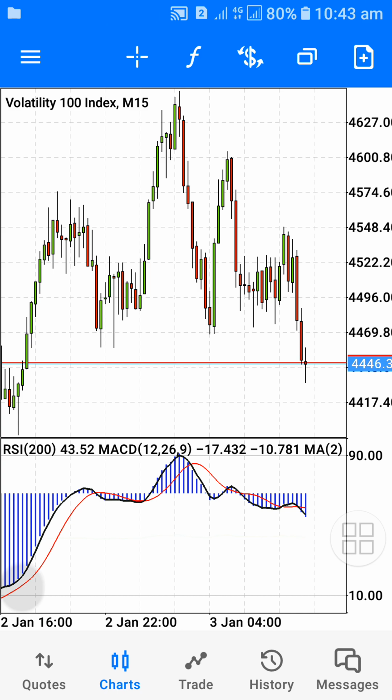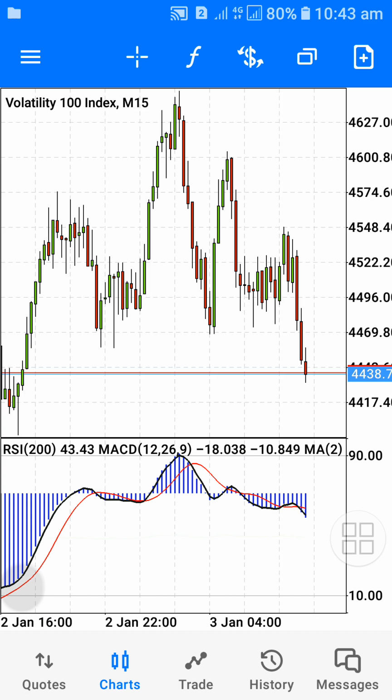All right, and again, this VIX 100 is very volatile. It's a pair that can earn you massive profit and can also blow off your account too if you go the wrong way.